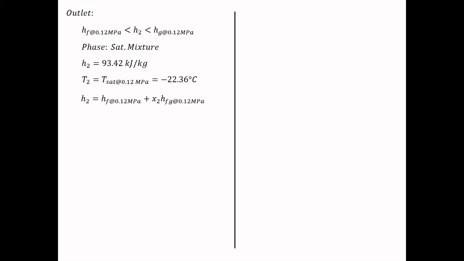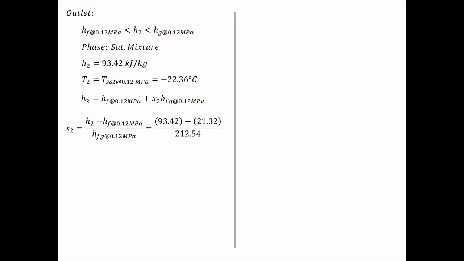Okay, in order to obtain the value of X, we can use the enthalpy equation for the saturated mixture region, where we know that the formula for enthalpy is h equal to Hf plus X multiplied by Hfg. So for this case, H2 equal to Hf at 0.12 megapascal plus X2 multiplied by Hfg at 0.12 megapascal.